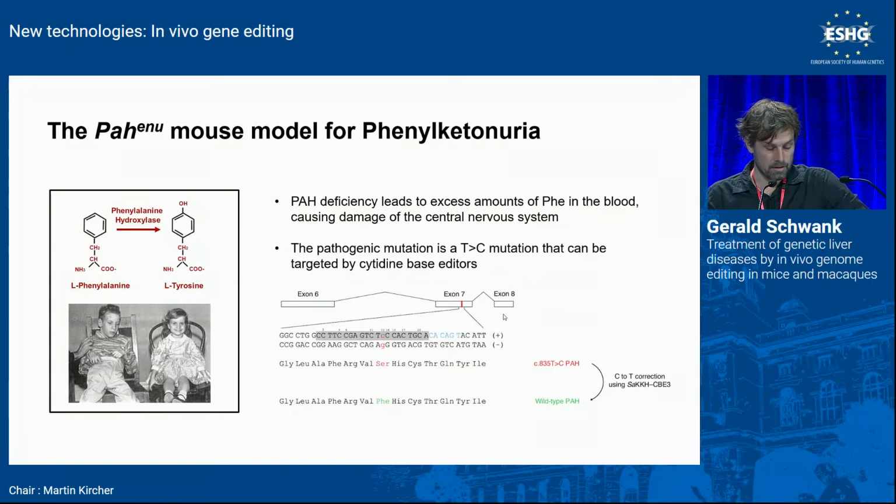So here we have the disease mutation. We first generated a cytidine base editor that targets that locus and that converts this cytidine back to thymidine, restoring the healthy or wild-type sequence.